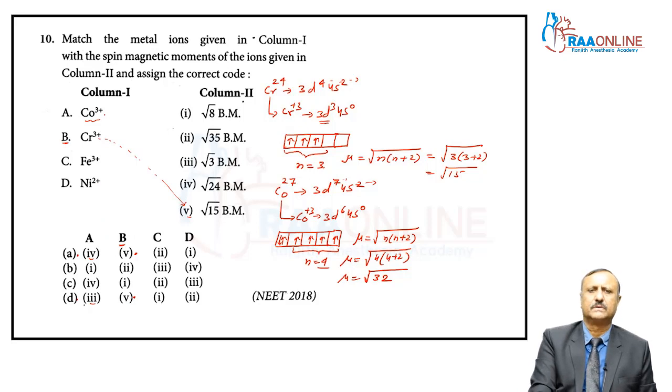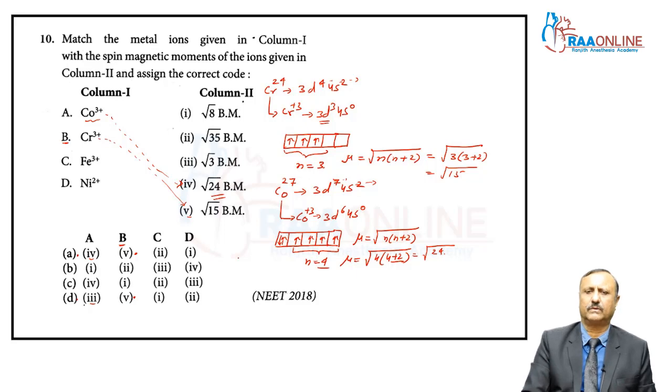This root 24 goes to the fourth number, because in the fourth you get root 24 Bohr magneton. Now A is attached with this 4, which means your answer is A.